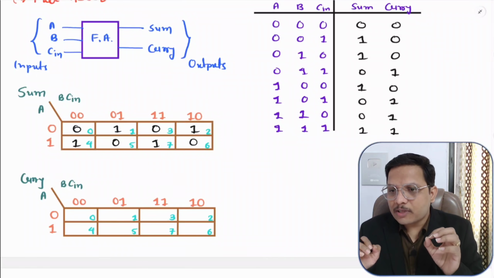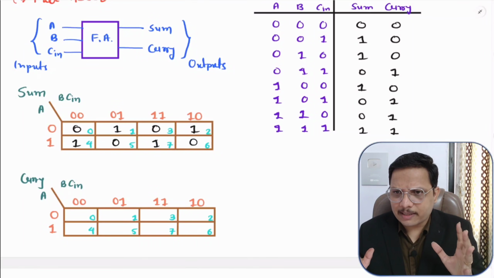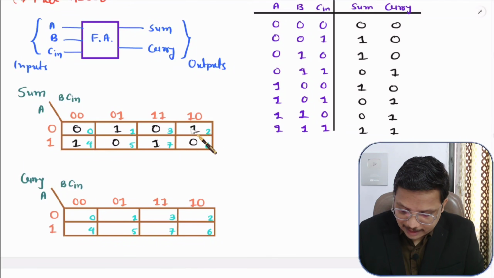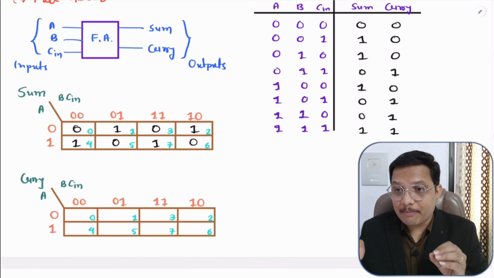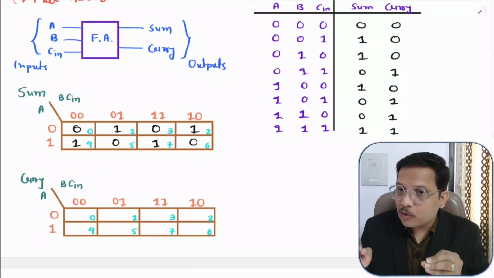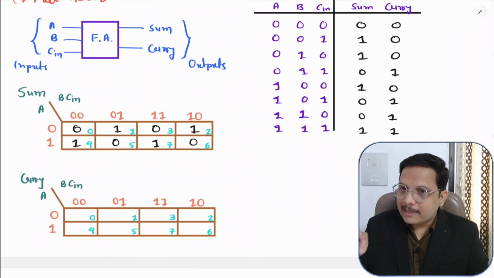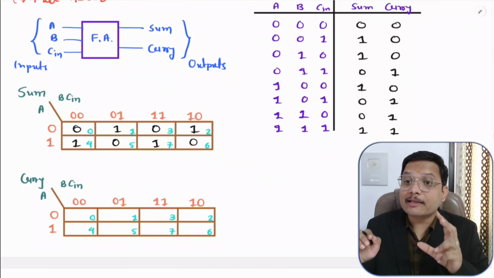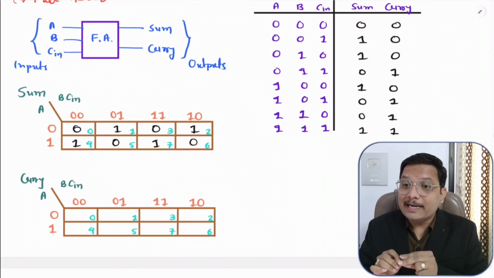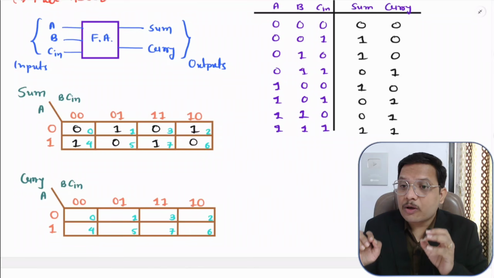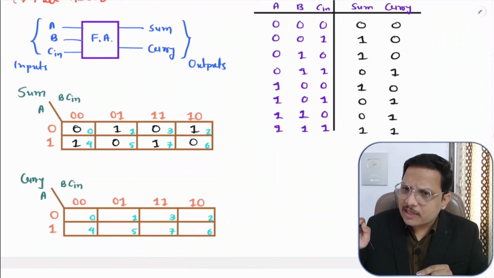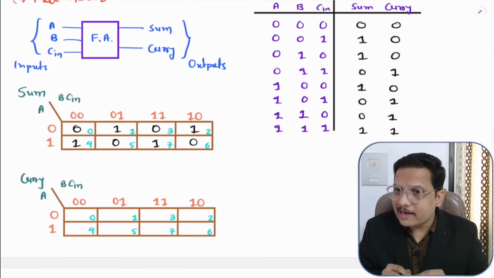Now here, if you observe this K map, then the solution is very simple. See, these alternate ones and zeros are there. So whenever inside a K map you find alternate ones and zeros, at that time, my dear students, remember this, that will be an XOR or XNOR gate. Alternate ones and zeros indicate an XOR operation or XNOR operation. Now out of these two, whether to have XOR or XNOR, how to identify that?